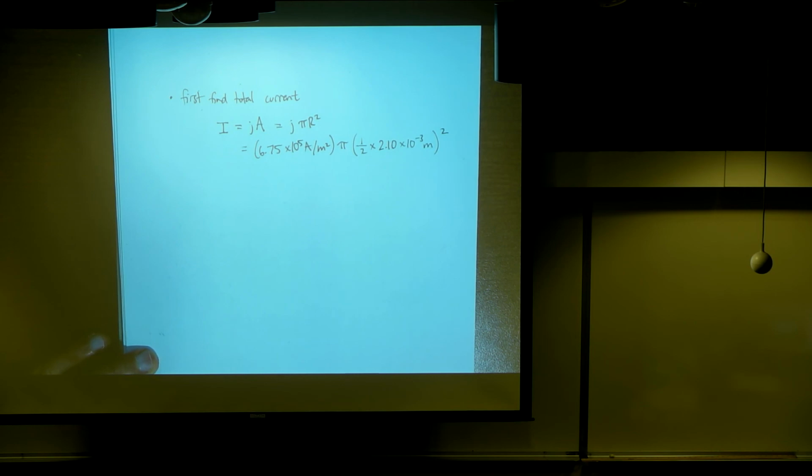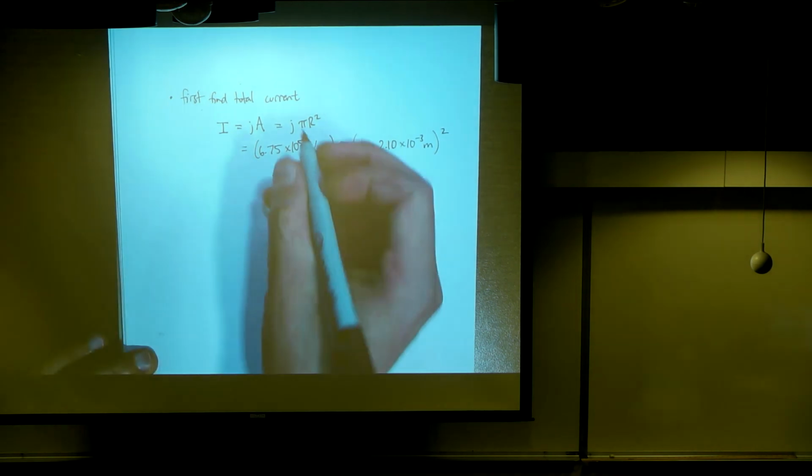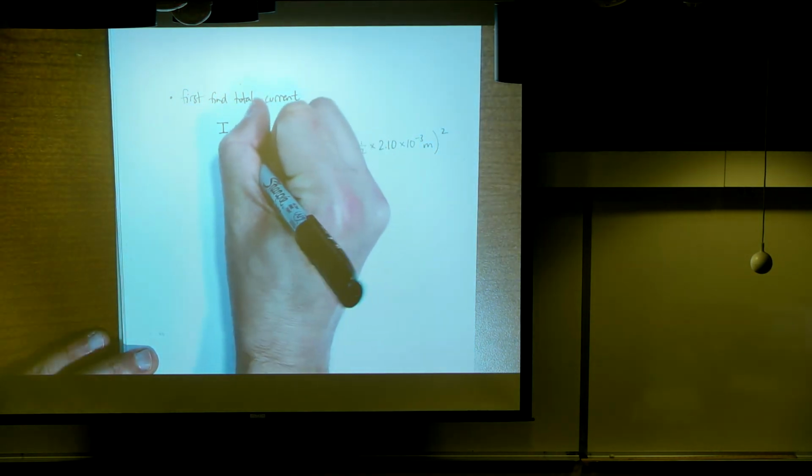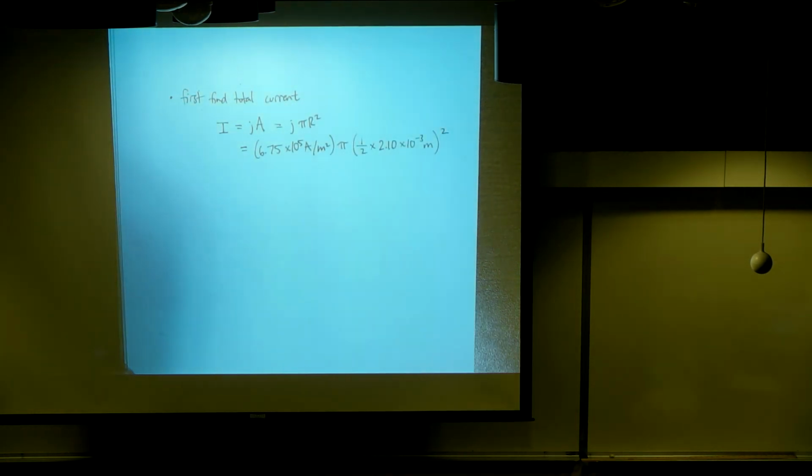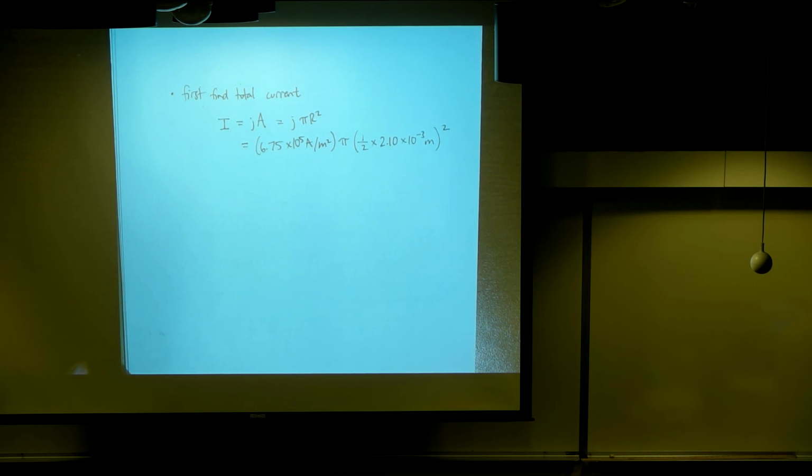What are we getting for the total current right here? It's 4.67 times 10 to the 4. Did you square it? Yeah. I did 2 pi. What do we get?